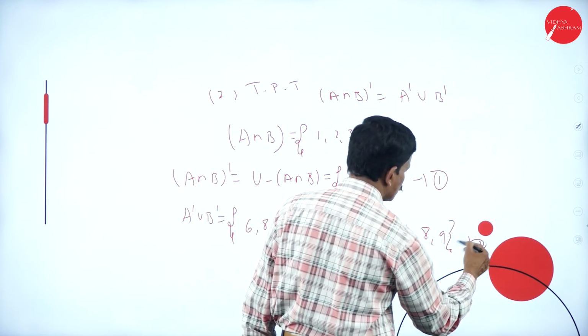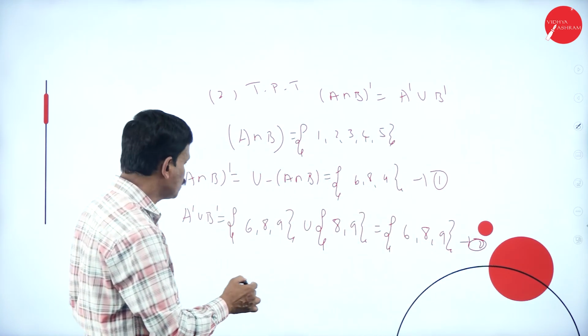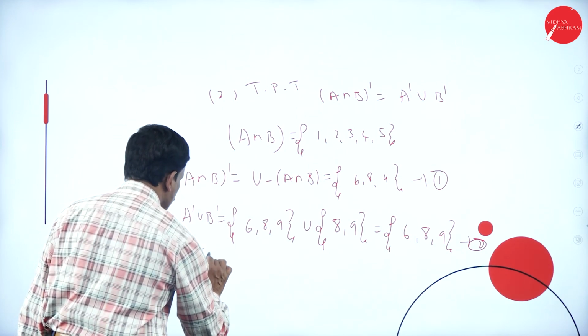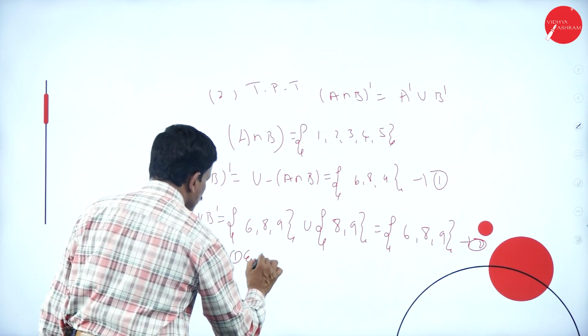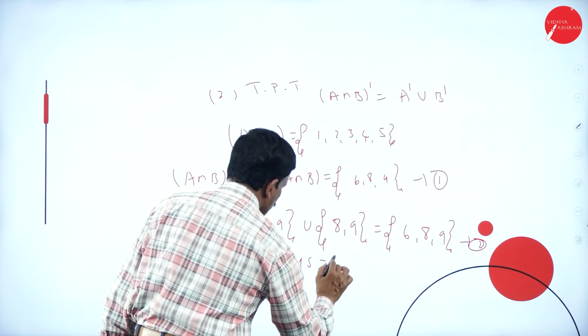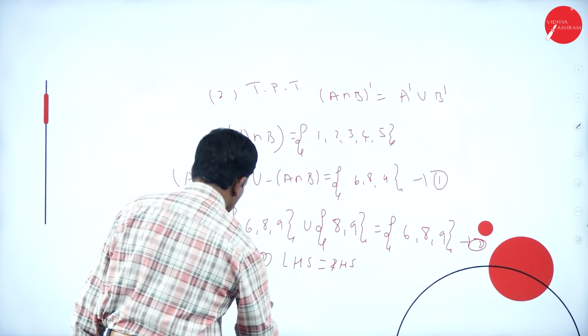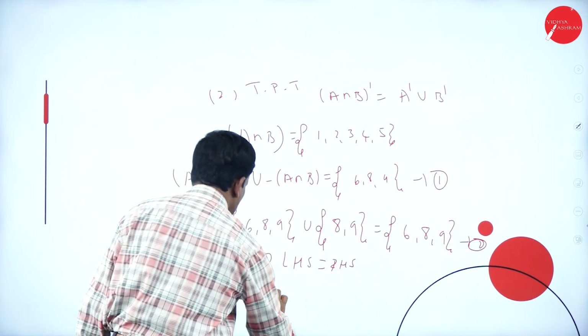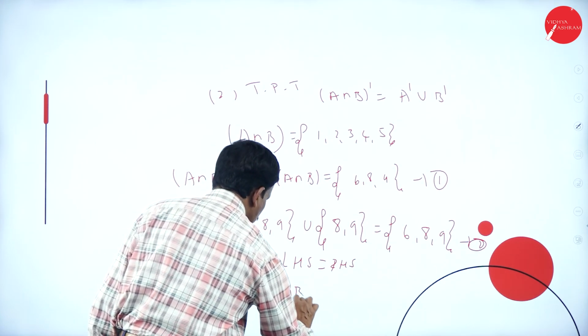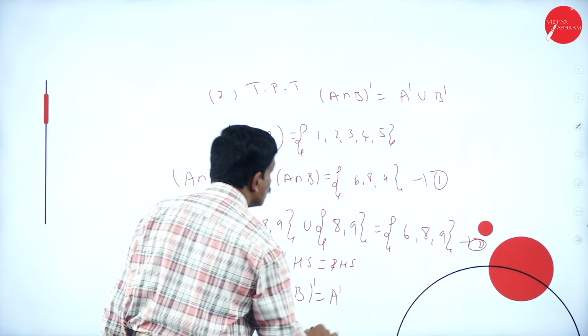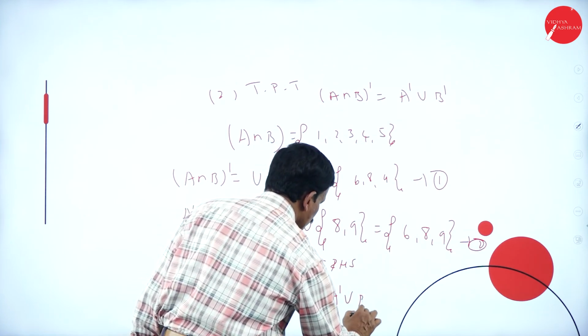This is equation number 2. Now, what do you say from this 1 and 2? Therefore, from 1 and 2, LHS is equal to RHS. Therefore, (A intersection B) dash is equal to A dash union B dash.